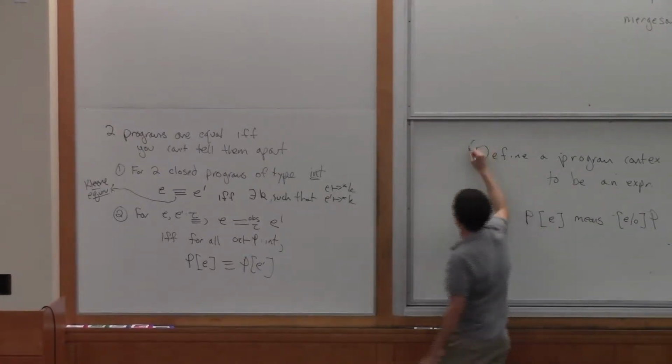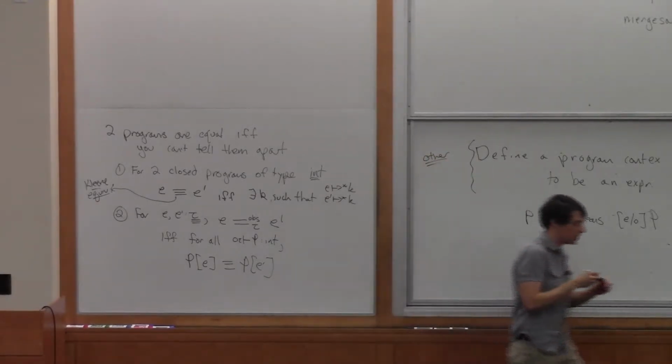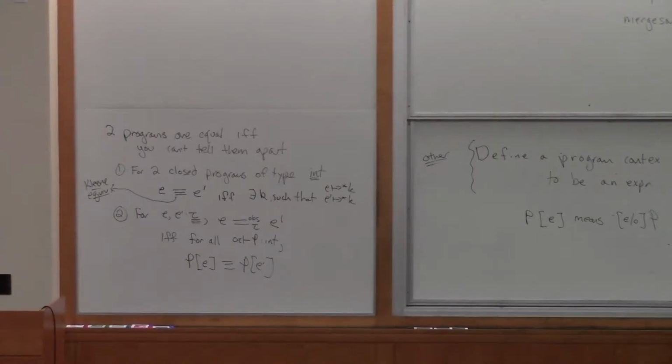And I should note that there are other possible ways to do contexts P here. If you look at the chapter on this in Bob's book, contexts are defined in a slightly different way, where they can be filled with programs that have free variables. And in some approaches, you'll take your contexts to be things other than programs at all.